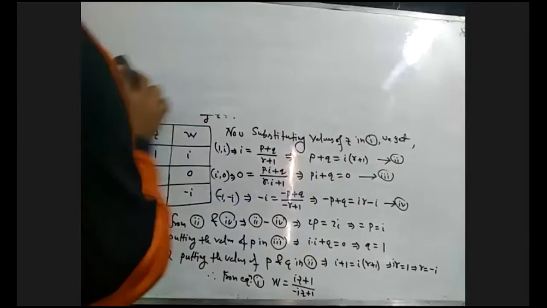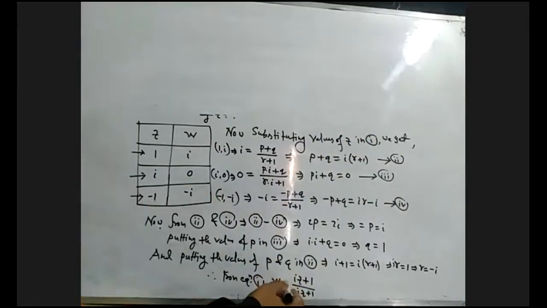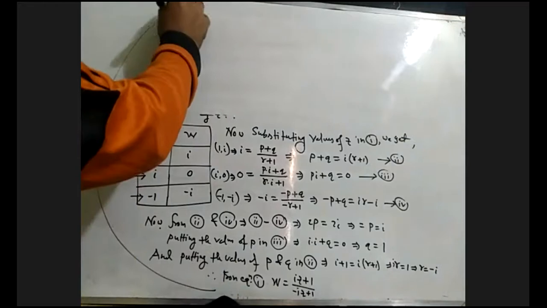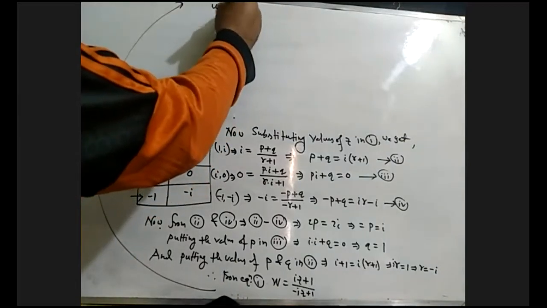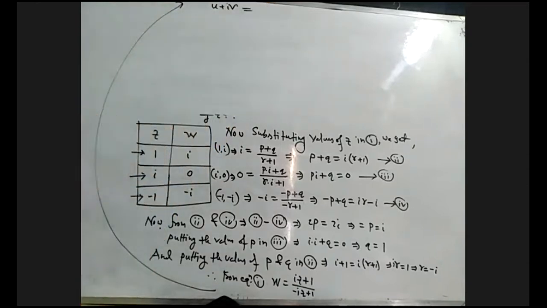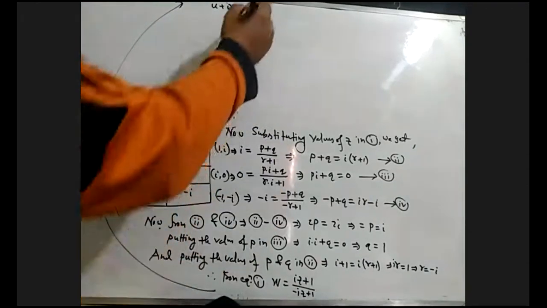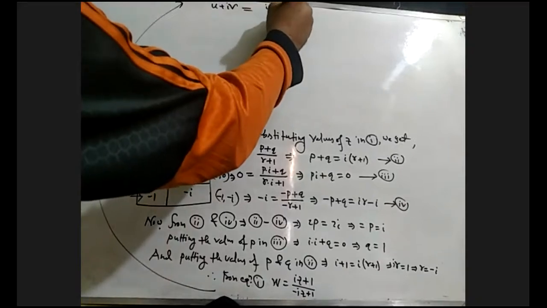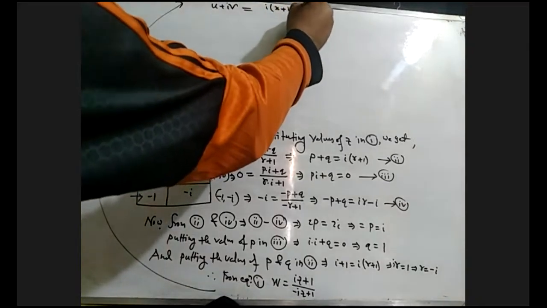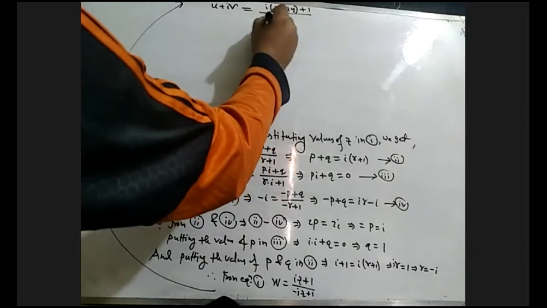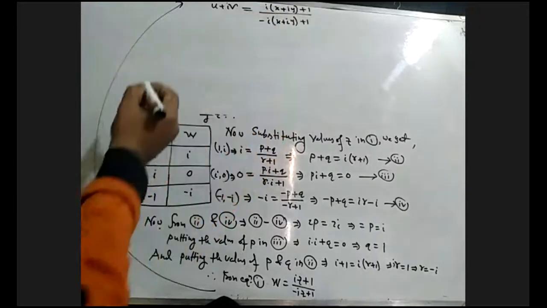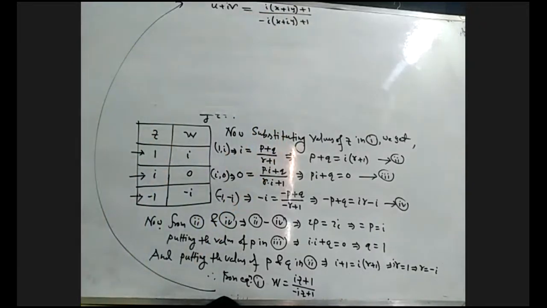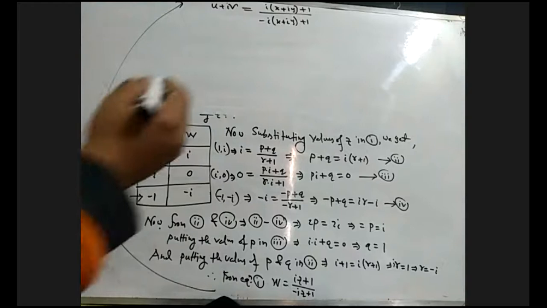Okay, so after this line we get what? W equals u plus iv, and z equals x plus iy. So W equals i(x plus iy) plus 1, divided by minus i(x plus iy) plus 1.